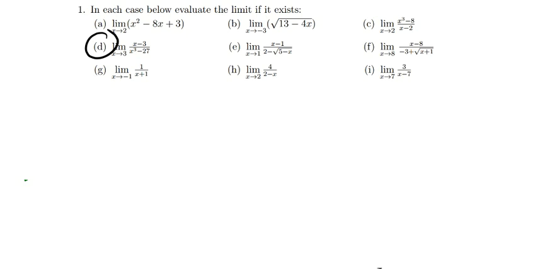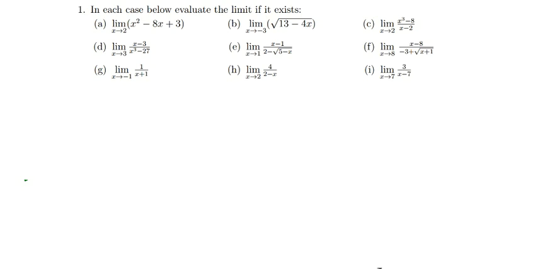Similar question. You can expand the denominator in a similar manner. Of course, if you substitute the 3 directly, you're going to get 0 over 0, which is an undesirable state. Hopefully you've paused the video and attempted to answer it.